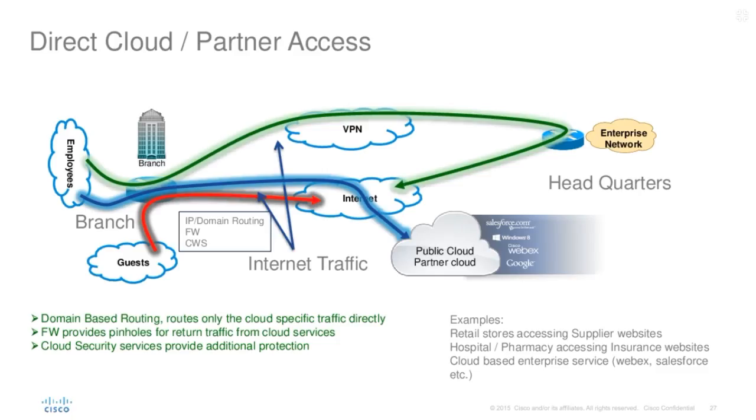This one here is direct cloud access, and this has some major cautions that I'll talk about. So again, what we're doing here is we're only allowing a specific subset of applications to go out this particular pipe, all right?